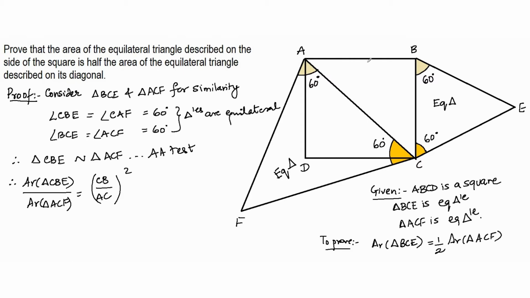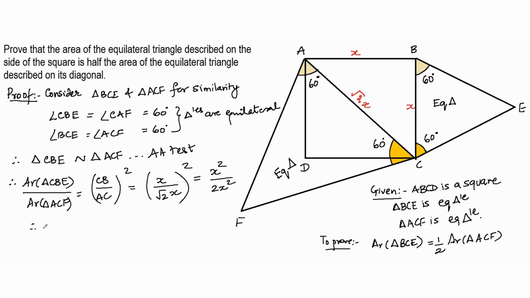Now because ABCD is a square, I can take this particular side as x and this particular side as x, and by Pythagoras theorem AC will be root 2 times x. Therefore CB is equal to x and AC is equal to square root of 2x, the whole square, and that is going to be x square by 2x square.